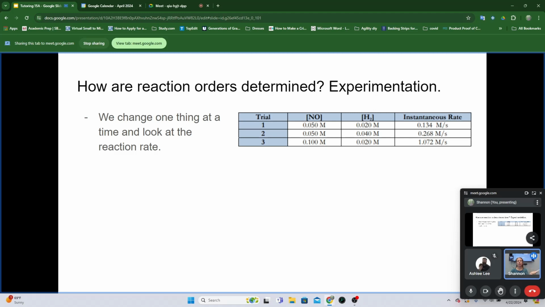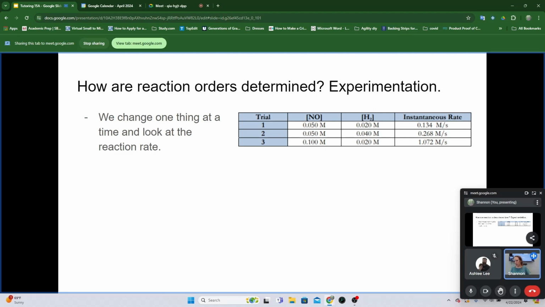Then they do a 3rd trial and they keep the hydrogen the same as what it was in trial 1 and they double the nitric oxide. In that one they're learning how nitric oxide is affecting the rate of the reaction. And it's asking what the orders are, so we're going to figure out the reaction orders of each of these.